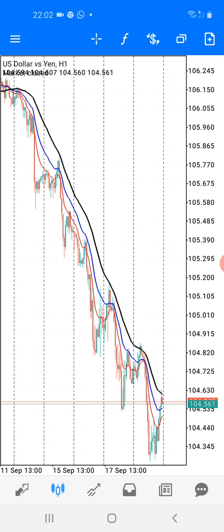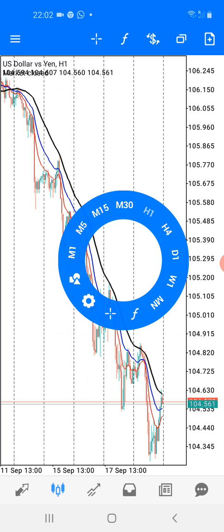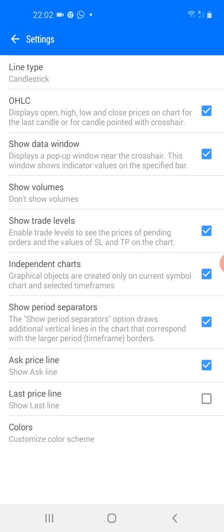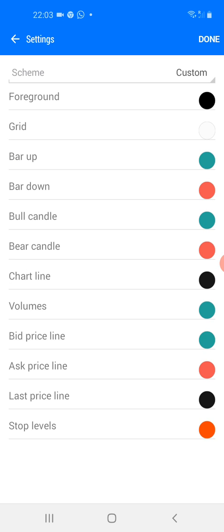So whenever you open your trading platform, it usually looks like this. I want to unset the background of my trading app, my MT4, so that you'll be able to understand what I mean. This is the show period separators. I turned it on. Let's turn it off. You go to colors and the grid.